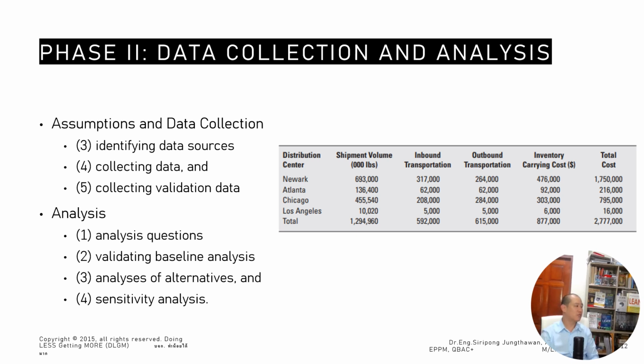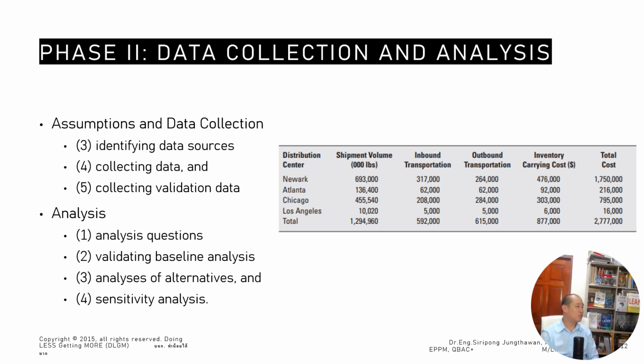The biggest is Newark, and inbound transportation is also Newark, and outbound transportation is the most in Chicago. Inventory carrying cost is highest in New York, and the next one is Chicago. For total cost, New York is the main distribution center, the next one is Chicago, and the third is Atlanta. You can see it in the numbers.